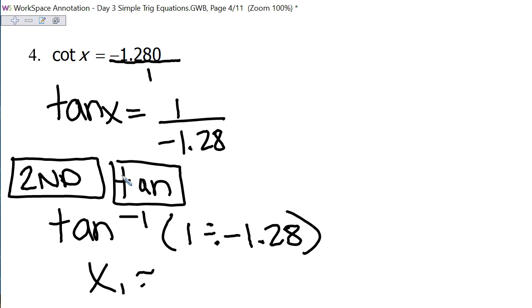And we'll round to 3 decimal places. And to 3 decimal places, what do you get? Negative 0.663. I got that same answer.